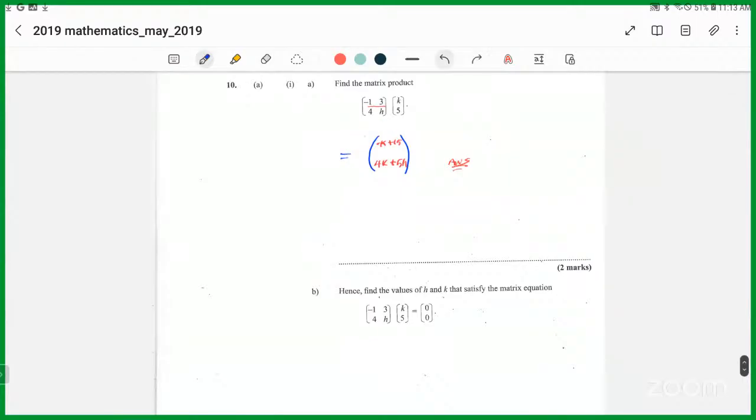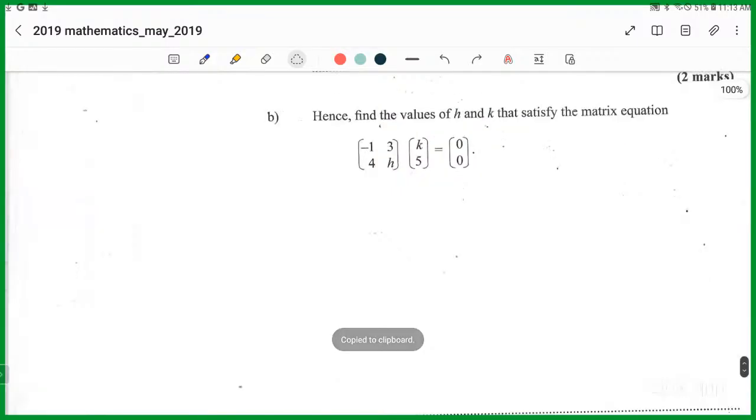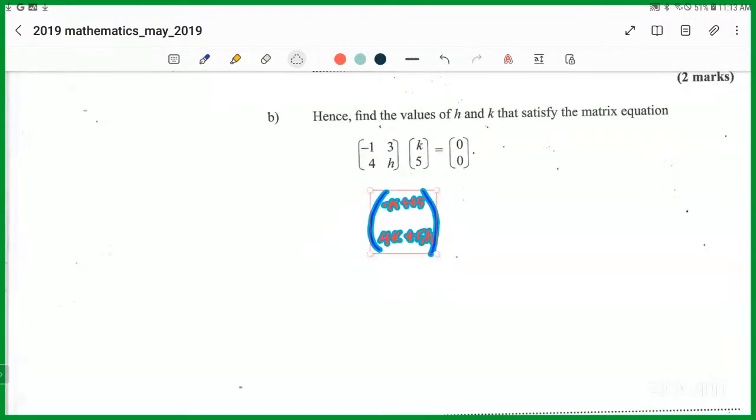We can just copy this down, because the same product is now equal to the zero column matrix, 0, 0. It means that this value is 0 and this value is 0.